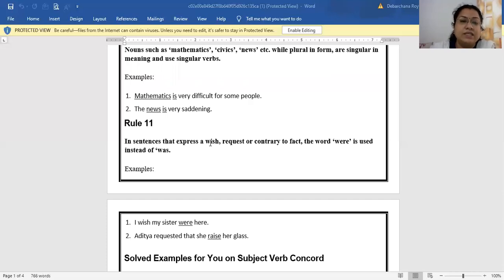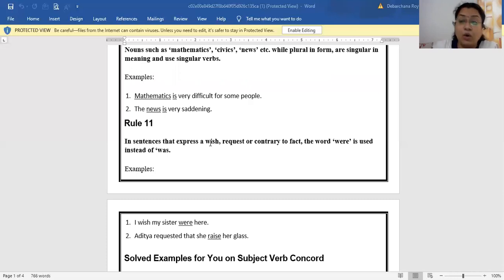In sentences that express a wish, request, or contrary to fact. Okay, I repeat, in sentences that express a wish, request, or contrary to fact, the word were is used instead of was.